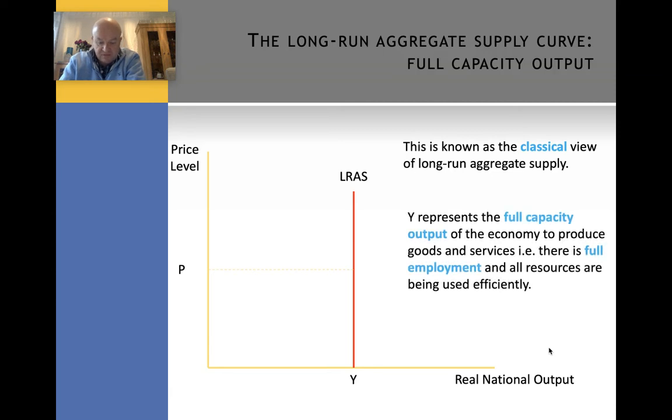Y in this case represents full capacity output, and that's when the economy is producing goods and services where there is full employment, so all resources are being used in the most efficient way. We've got particularly one factor of production where we can't change that, we can't increase that, and that is the view that at full capacity output, that's where in the long run we would always be producing.